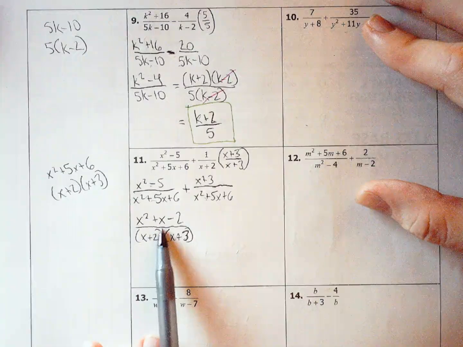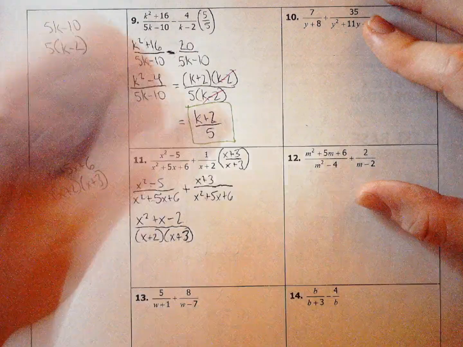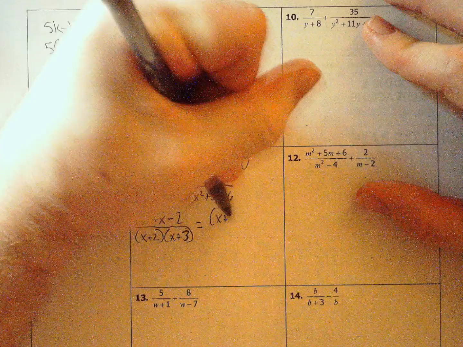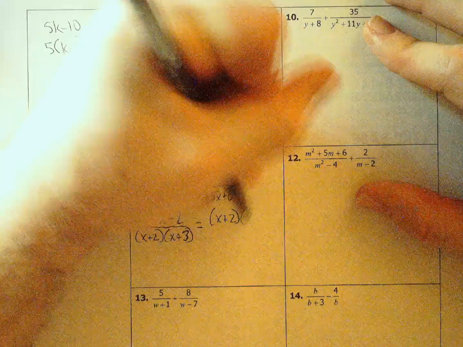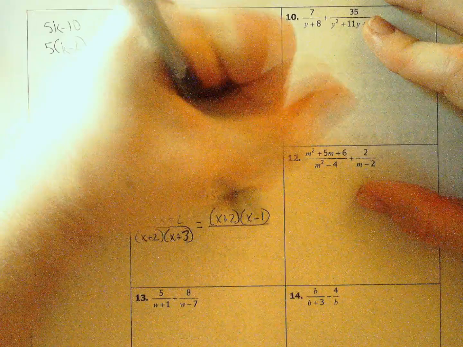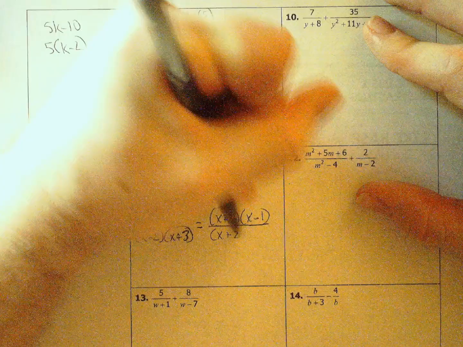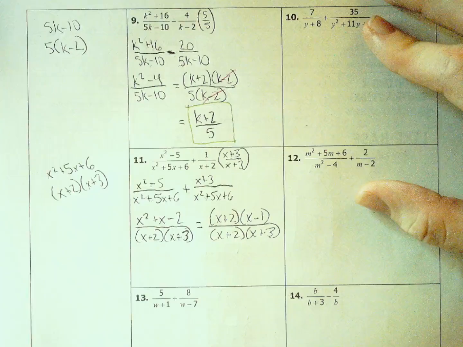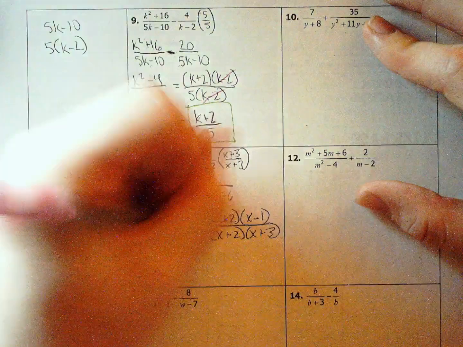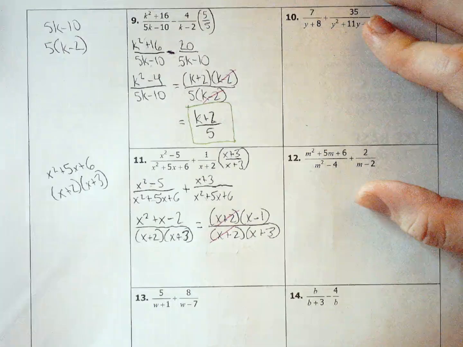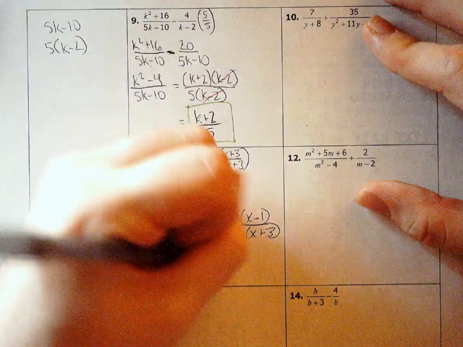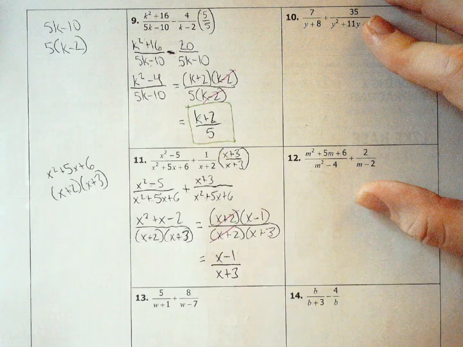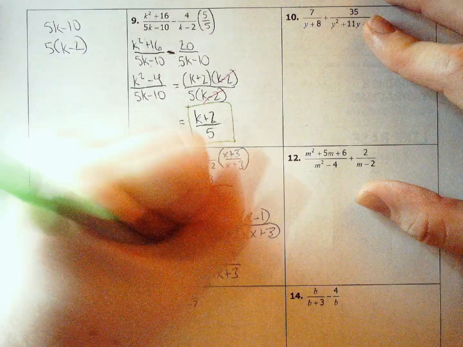This right here is going to factor as x plus 2, x minus 1. So this is x plus 2, x minus 1, over x plus 2, x plus 3. And now look, I have x plus 2, x plus 2, and they cancel. So now I have x minus 1 over x plus 3.